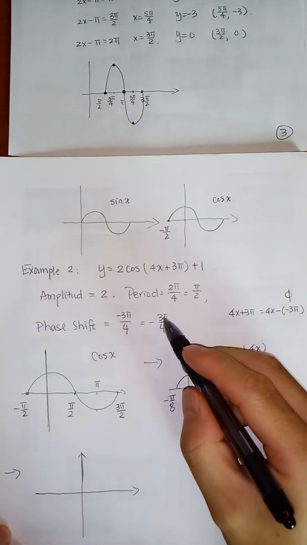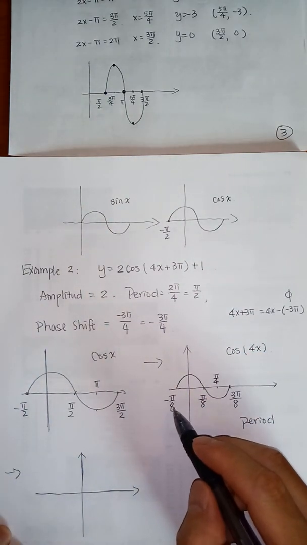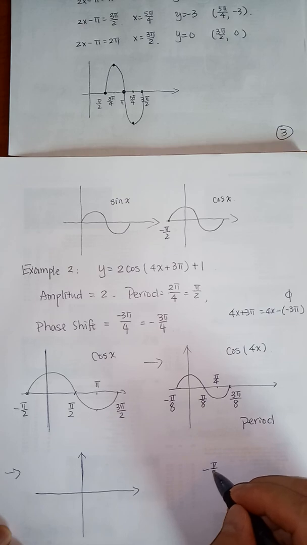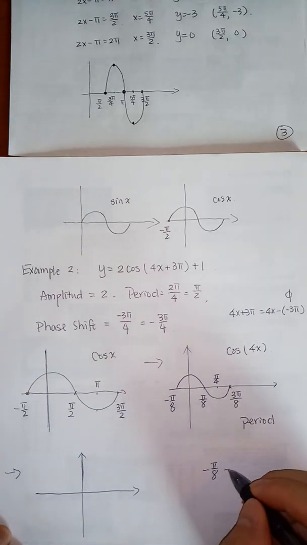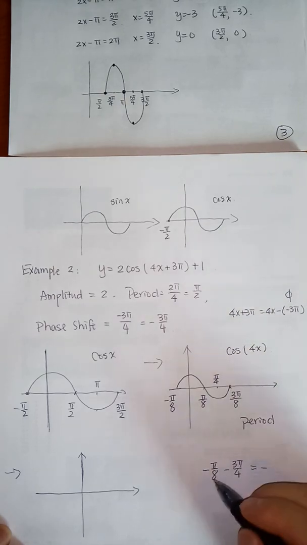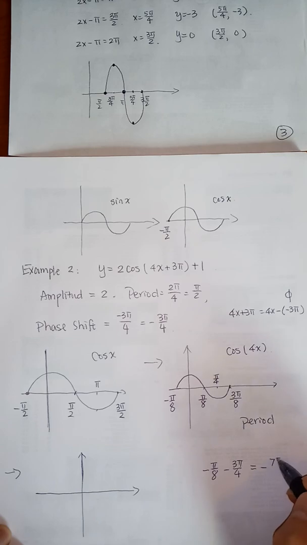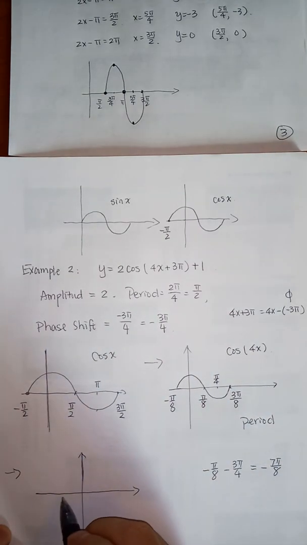Shift to what? 3 pi over 4 units. So here is negative pi over 8. Shift negative 3 pi over 4. What's this? This is 6 over 8. So negative 7 pi over 8.